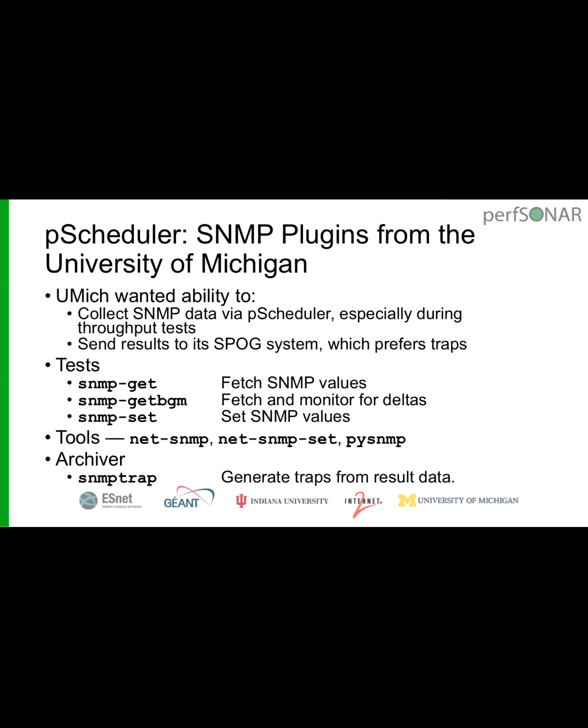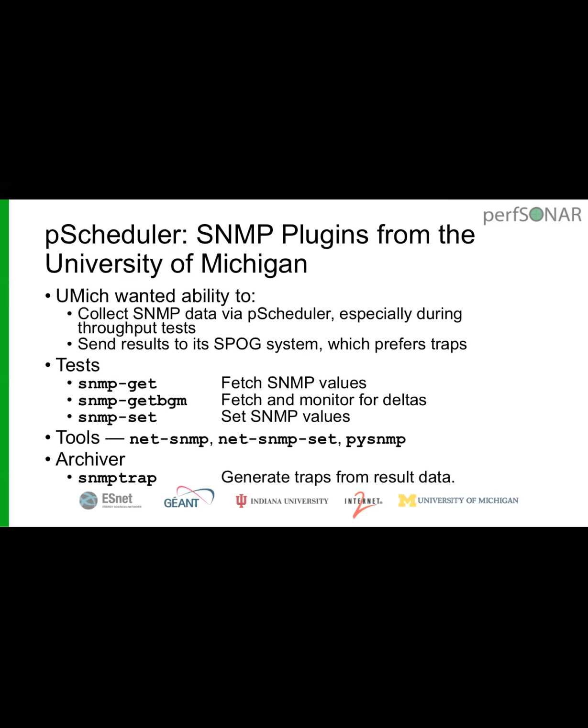Additionally, we've had some new development from the University of Michigan, which has joined the project this year. They have quite a bit of infrastructure where they use SNMP to monitor things. One of the things that they're really interested in being able to do is to pull certain counters off of some of their network equipment during throughput tests.